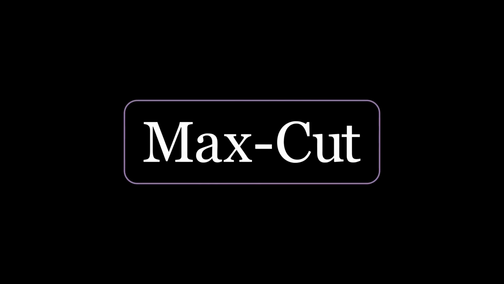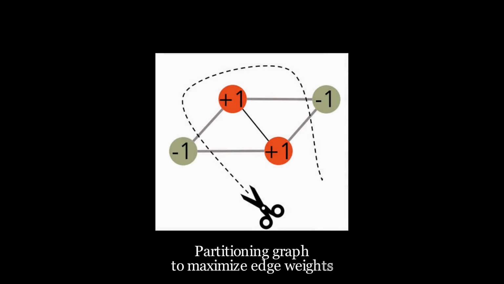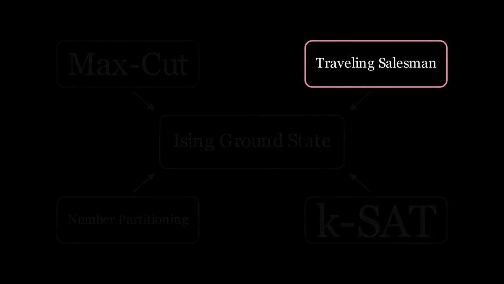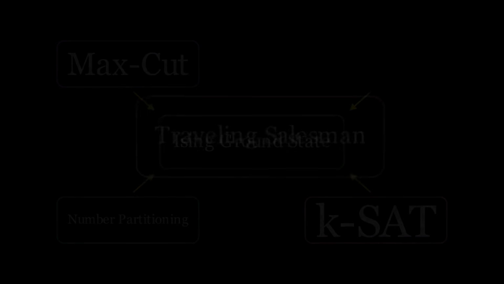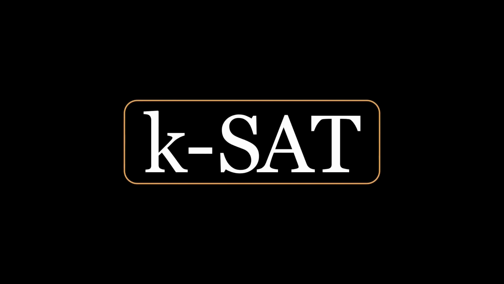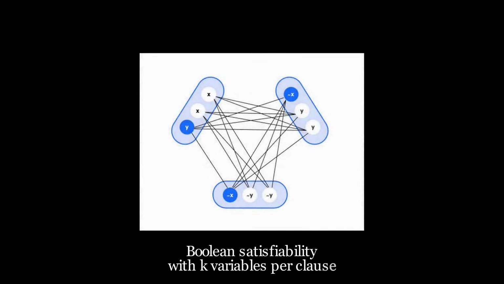Problems like maxcut, which involves dividing a network into two parts, the famous traveling salesman problem, even problems from entirely different fields, like the k-satisfiability problem from logic.